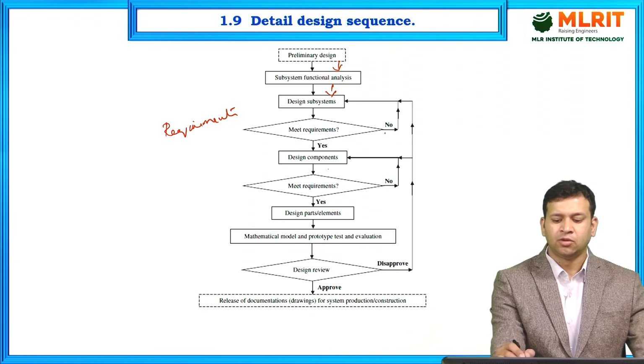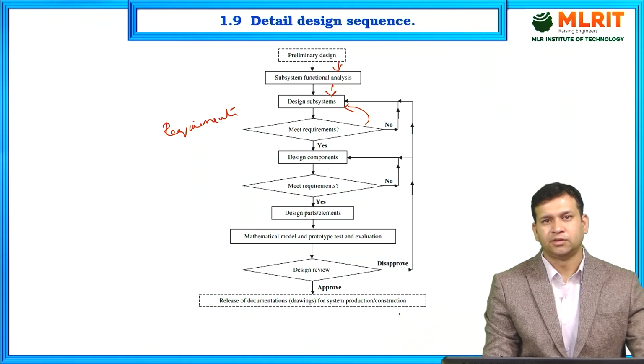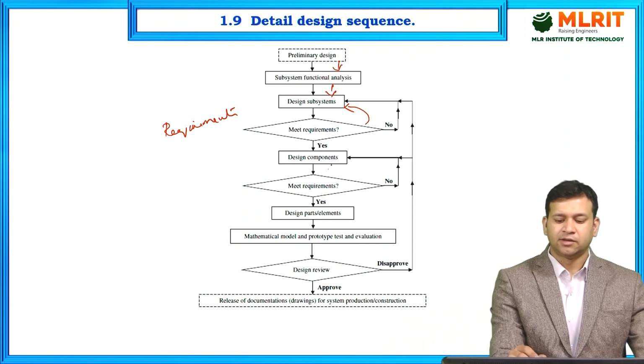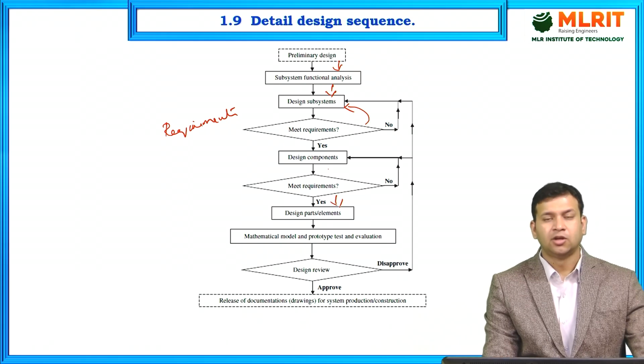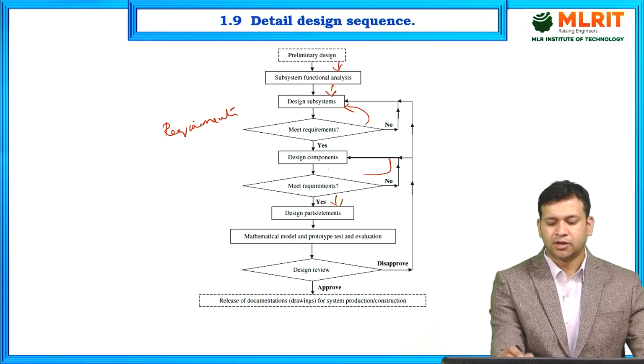If yes, we'll come to design components. And after designing the components, if the requirements are met, then we'll proceed to design the parts and the other elements of our aircraft.